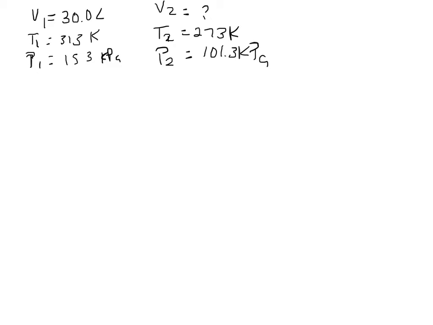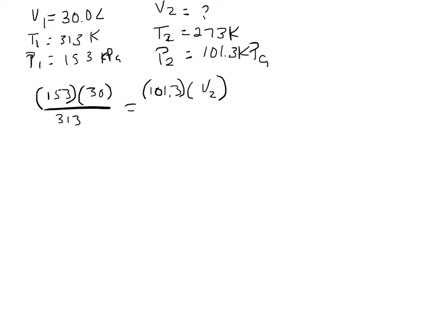So I just plug in all the things, P1 V1 over T1. 153 is P1, times V1, 30, over T1, 313, equals P2, 101.3, times V2, which we don't know, over T2. Now, I am kind of losing labels because it's hard for me to write things that small and get them all to fit, but you should keep in mind all of your labels as you do this.